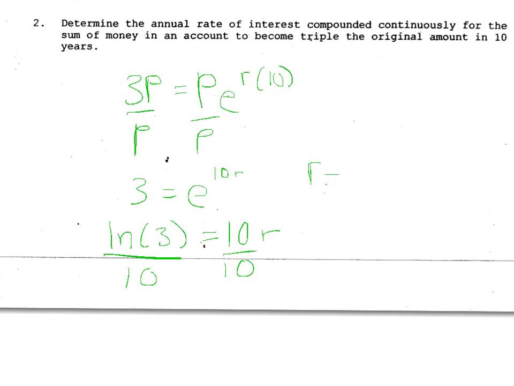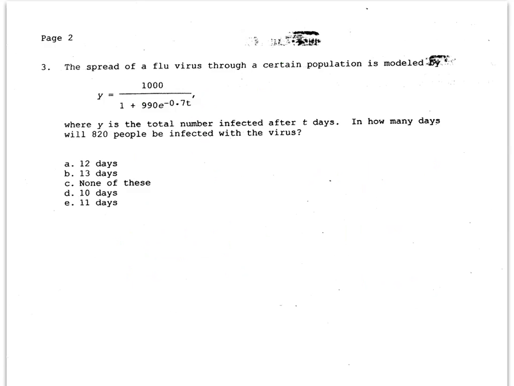So if we put that in our calculator, we have the natural log of 3 divided by 10, which is 0.11, which is 11% interest. If you want to get fancy, you can leave it as 0.1098, so 10.98%. I would accept either answer.